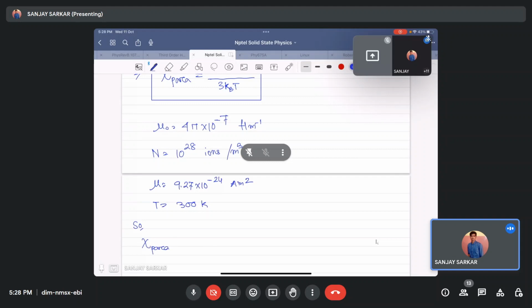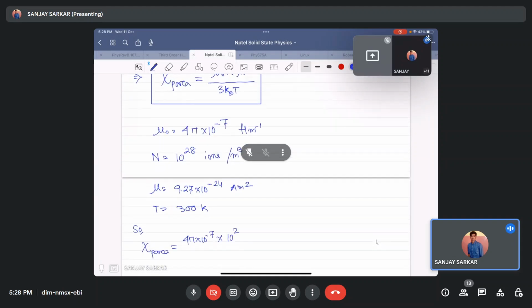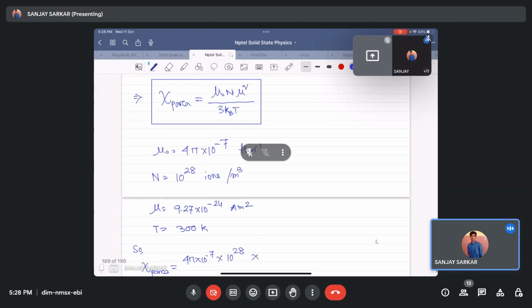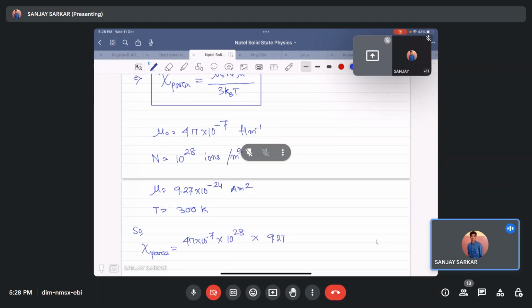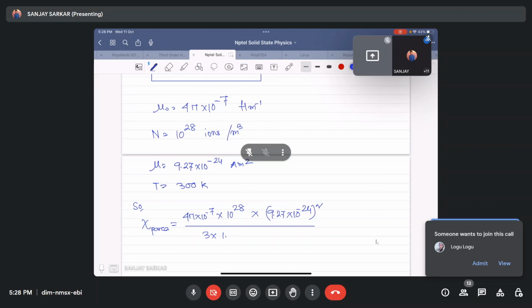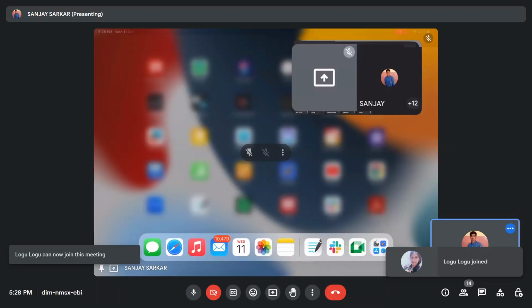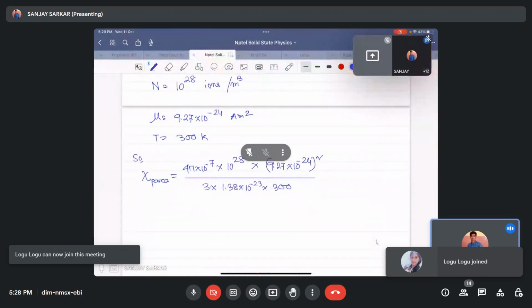So chi paramagnetic is equal to mu naught, which is 4 pi into 10 to the power minus 7, into n, that is 10 to the power 28, into mu square, 9.27 into 10 to the power minus 24 square, divided by 3 into 1.38 into 10 to the power minus 23 into T, 300 Kelvin. So calculate this and let me know the answer.